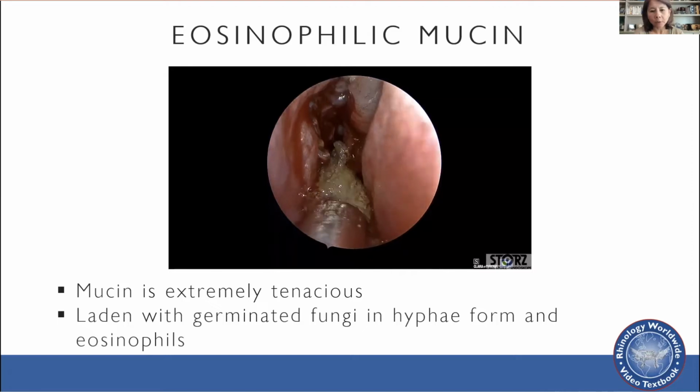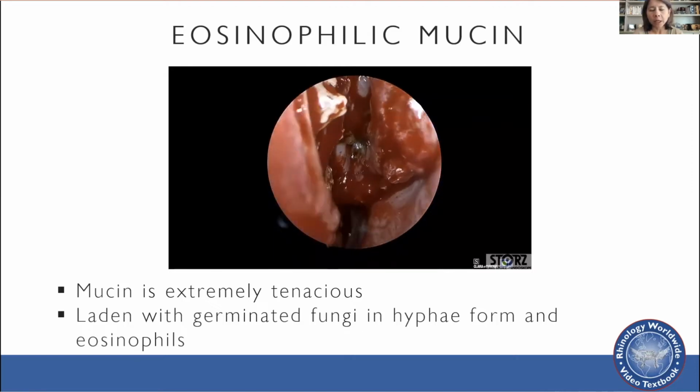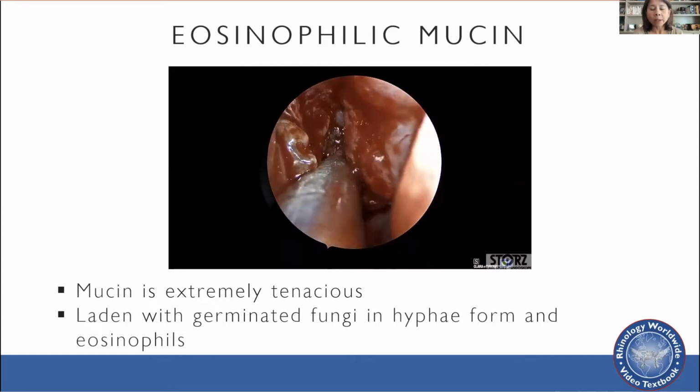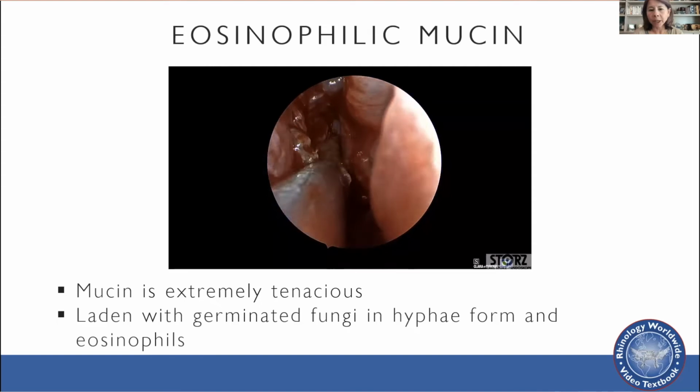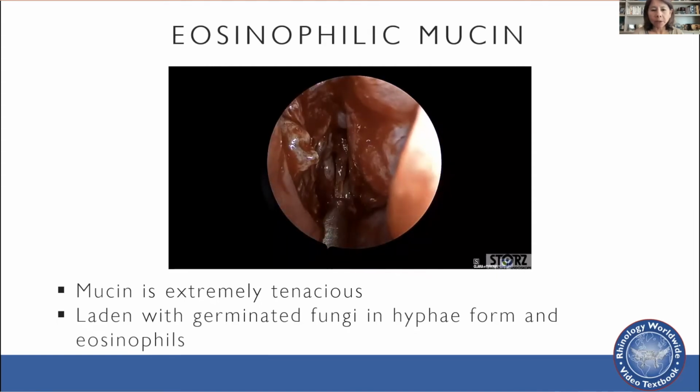If you took that mucin and put it underneath a microscope, what you'll see is just chock full of eosinophils, as well as these Charcot-Leyden crystals associated with these degranulated eosinophils, as well as probably finding the actual fungal hyphae within the mucin.